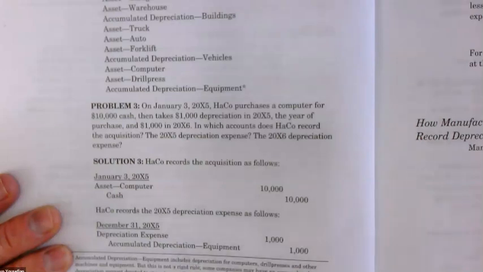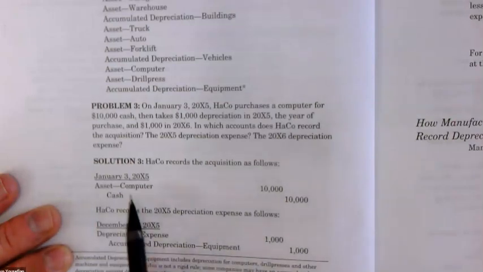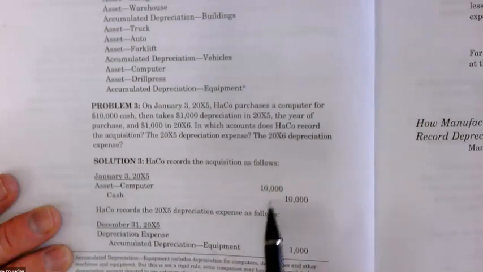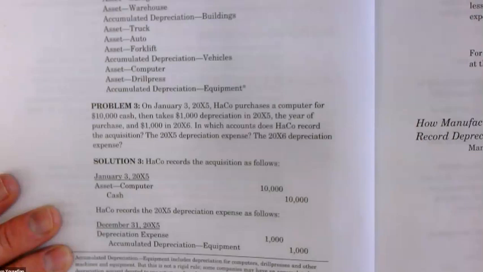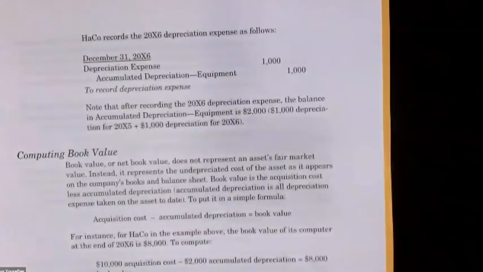So at the end of year one, the net asset is asset less accumulated depreciation: 10,000 less 1,000, the net book value of the asset is 9,000. At this point, if you sell the asset, anything above 9,000 will be a gain on sale of equipment. If you sell the equipment for anything below 9,000 at the end of the year, then you will have a loss on sale of equipment for whatever you sold below 9,000.